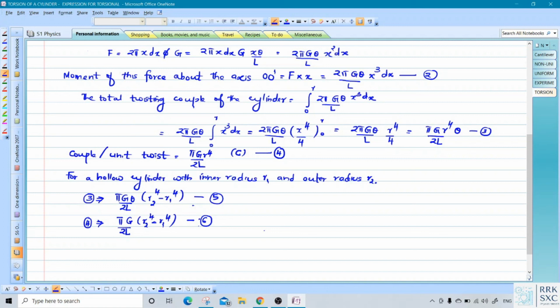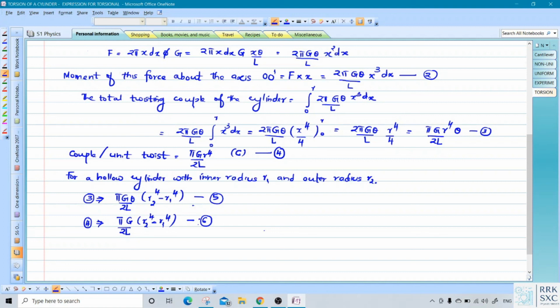So this is the derivation which we were discussing for quite a few minutes. That is how to derive an expression for the twisting couple, also known as the torsional couple of a cylinder. Equation number 3 is the main answer to that question, pi g r raised to 4 by 2l into theta, and when you put theta equal to 1 you will get the couple required for unit twist, and that is equation number 4, pi g r raised to 4 by 2l.